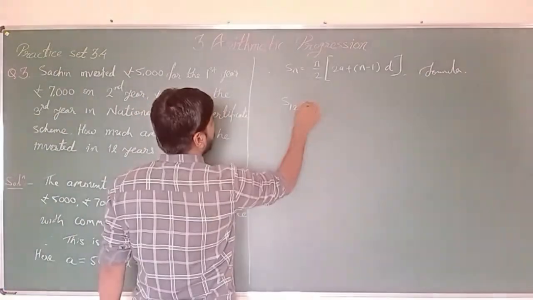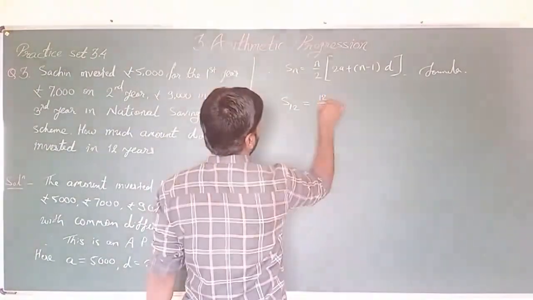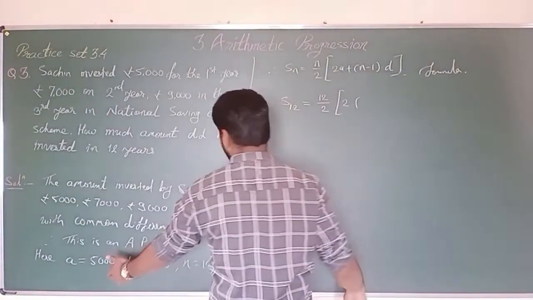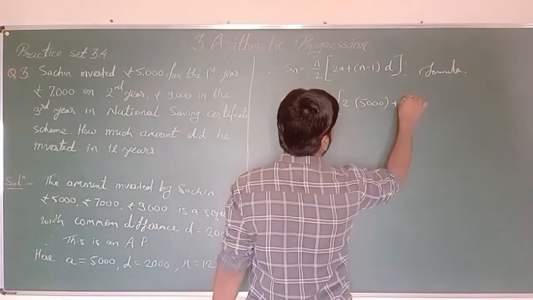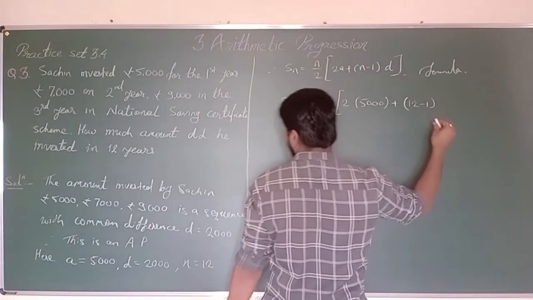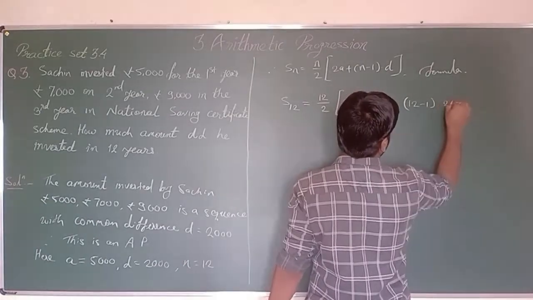S12 is n by 2, that is 12 upon 2, into 2 times a, which is 5,000, plus n minus 1, that is 12 minus 1, into d, common difference, which is 2,000.